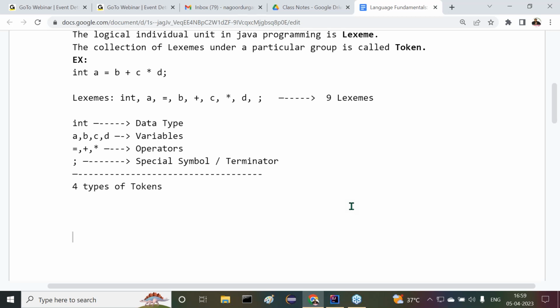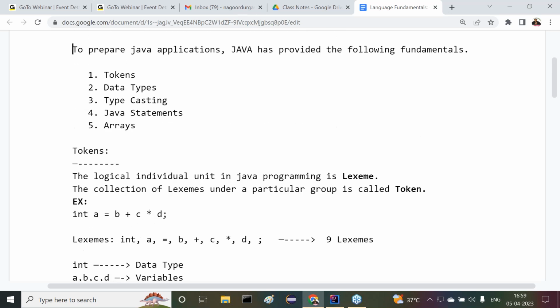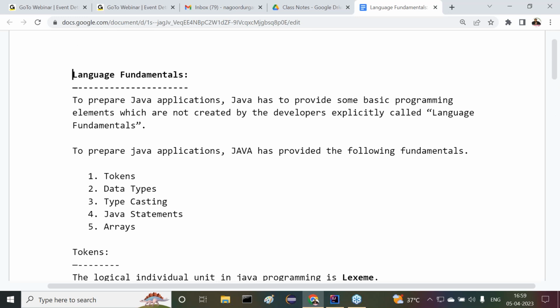Tell me guys, what exactly are we discussing here now? Today I started the topic of language fundamentals. What is the meaning of language fundamentals? If you want to prepare any Java application, we require some features and some resources.